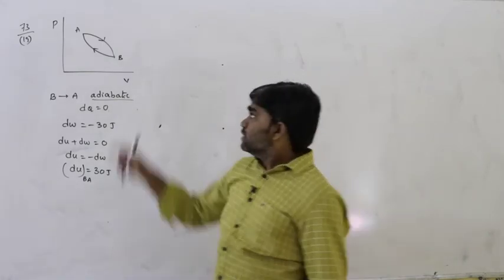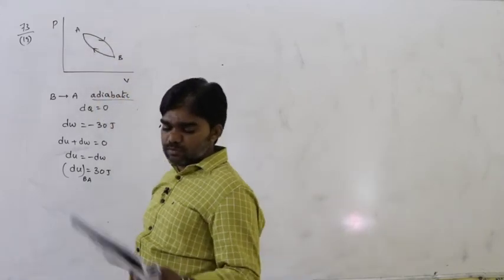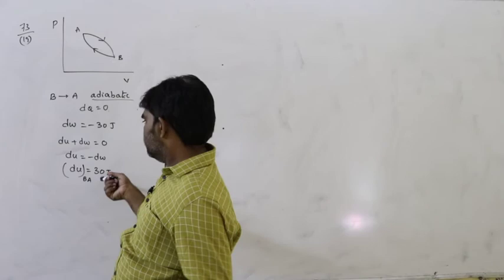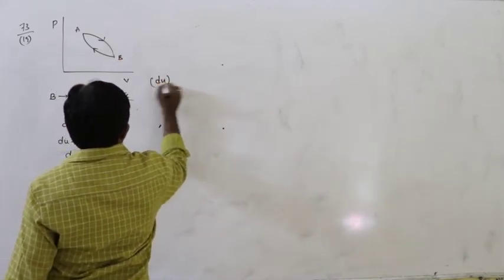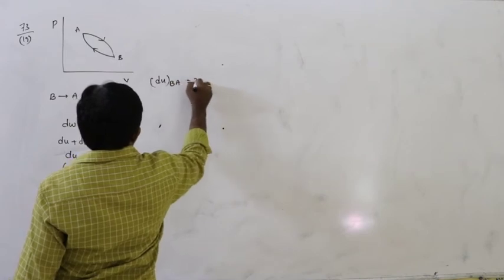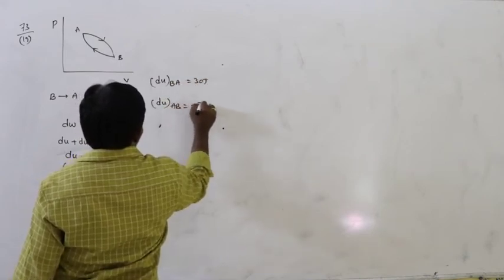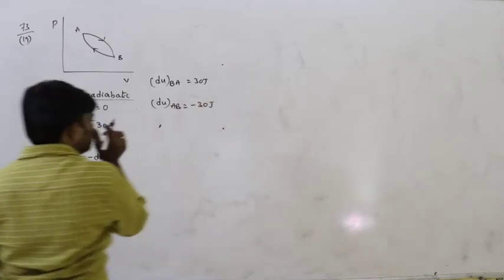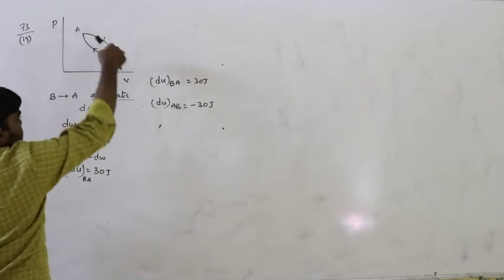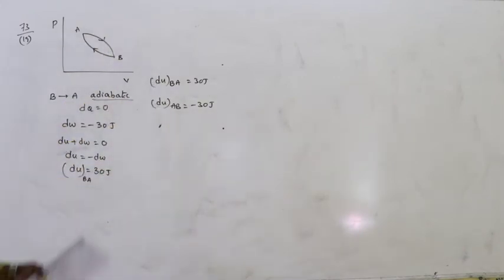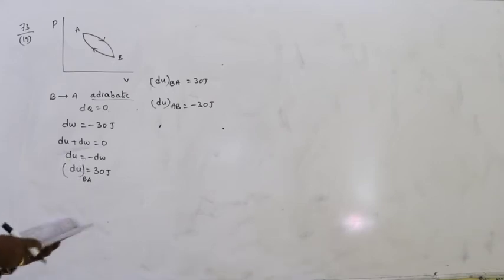For example, for A to B, whatever the displacement is, B to A has the same displacement. So dU of BA we got is 30 joules and dU of AB is equal to minus 30 joules. That is the change in internal energy.